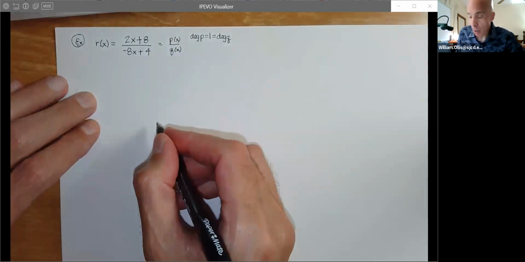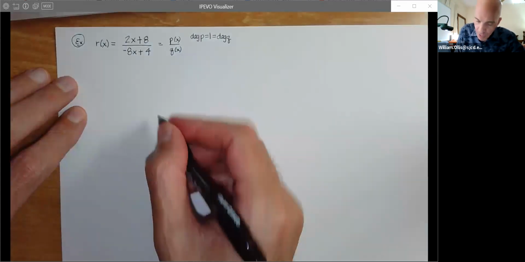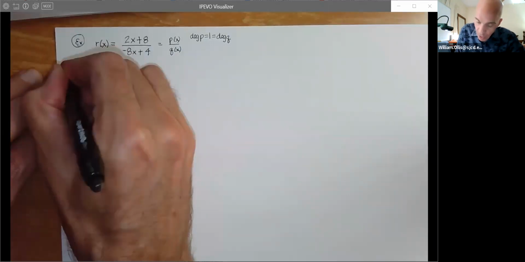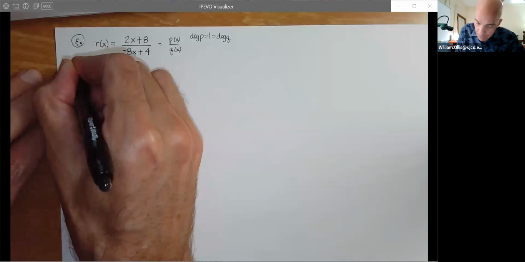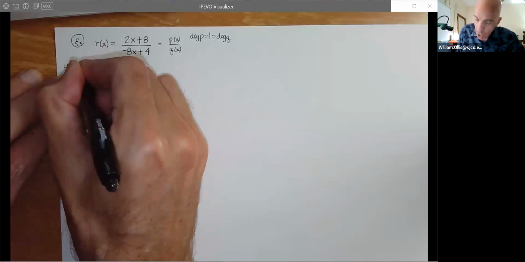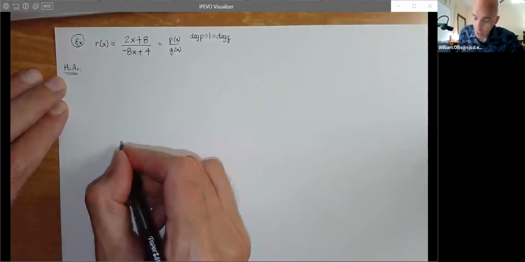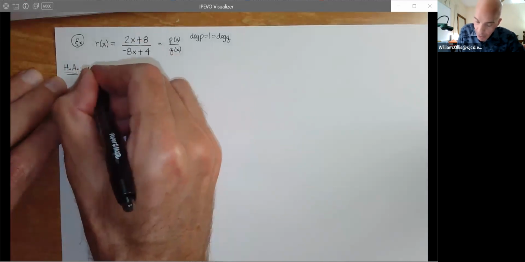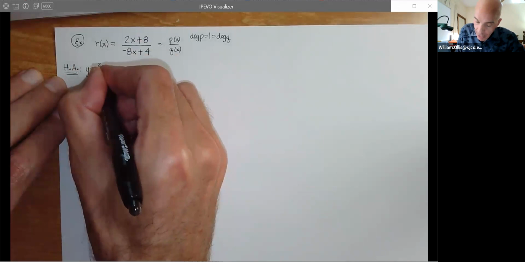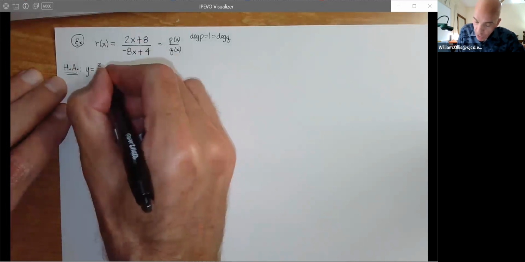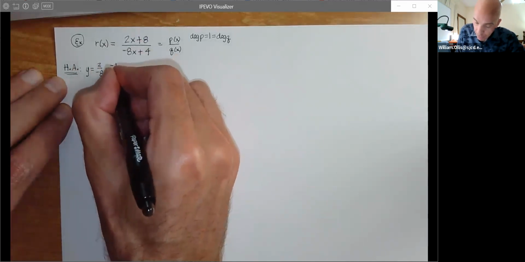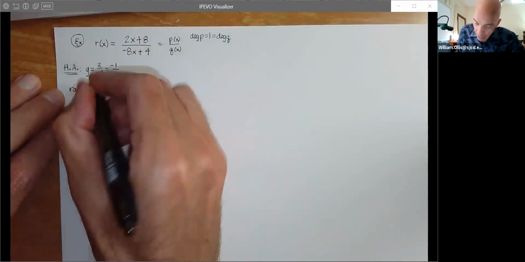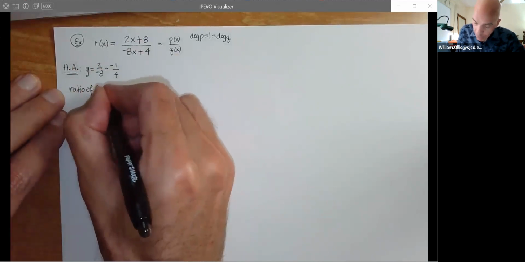And so we think, okay, well, what does this give us? So now we think, all right, so horizontal asymptote, ratio of leading coefficients. So we have 2 to -8. So we said y equals 2 to -8, which is -1/4. So ratio of leading coefficients.